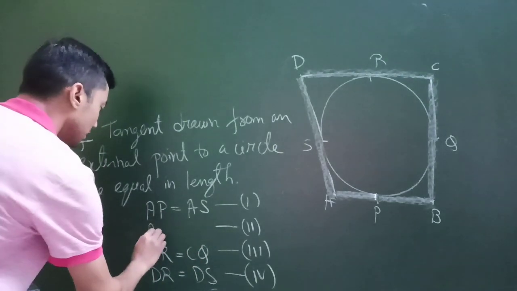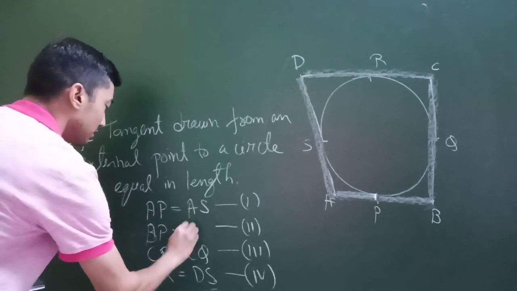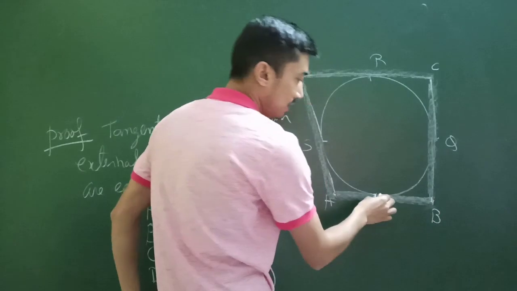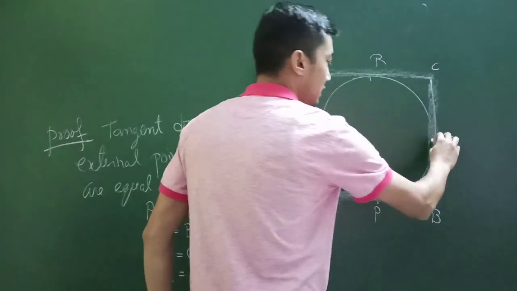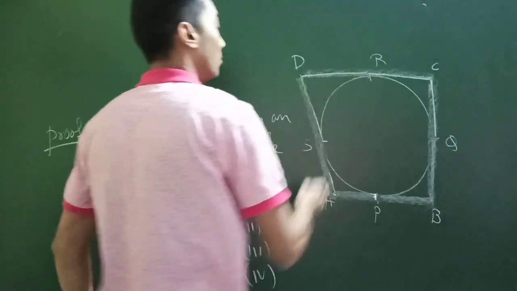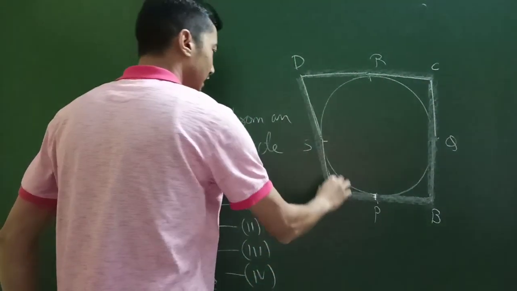I just wrote BP is equal to BQ because AP and BP form one group, BQ and CQ one group, CR and DR one group, DS and AS one group.